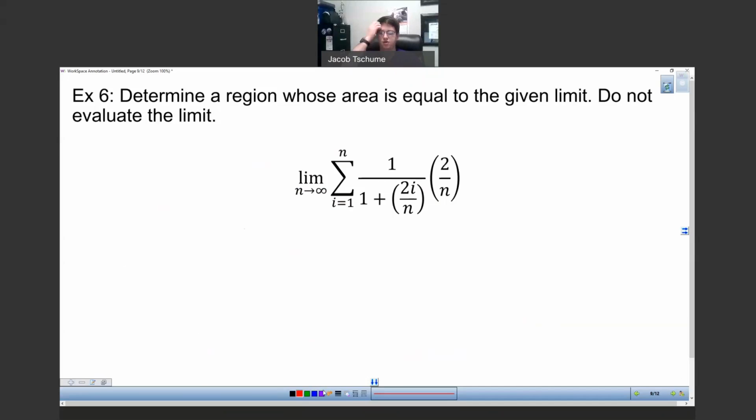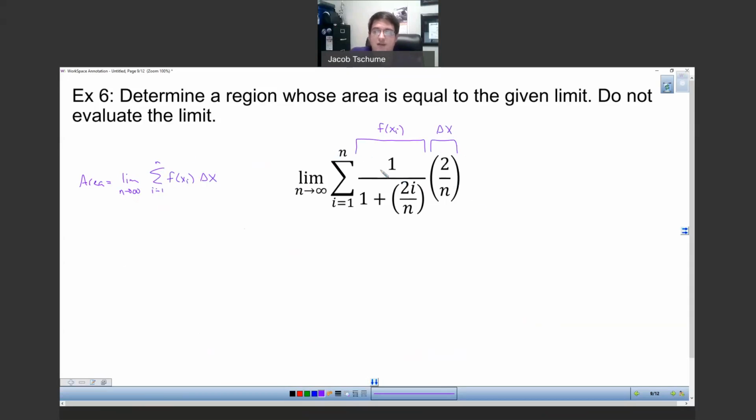So keep in mind on your definition, if you match this up, let me write this over here real quick. The area formula is the limit as n goes to infinity of the summation from i equals 1 to n of f of x sub i times delta x. So that means all of this is f of x sub i, and this part is your delta x.